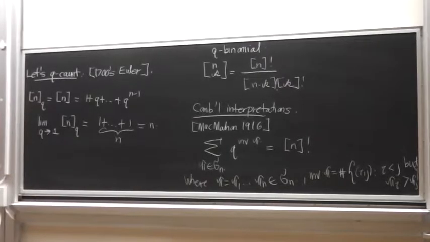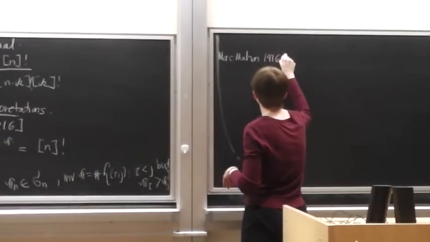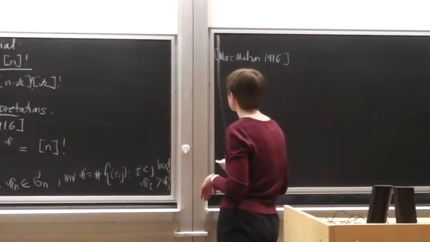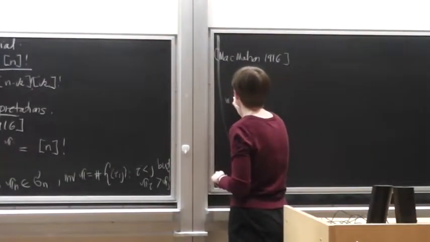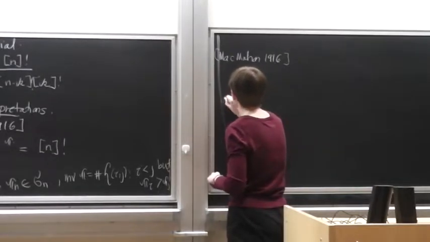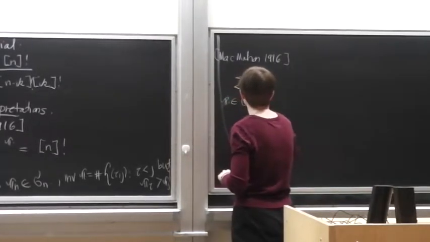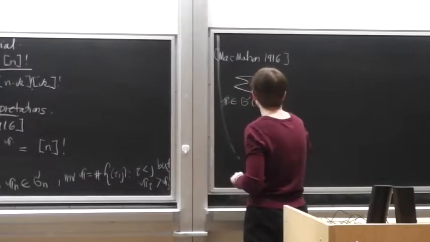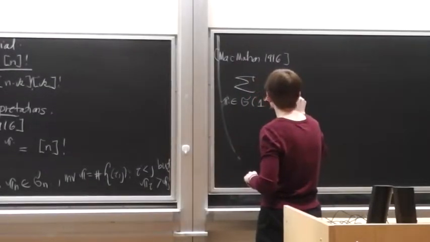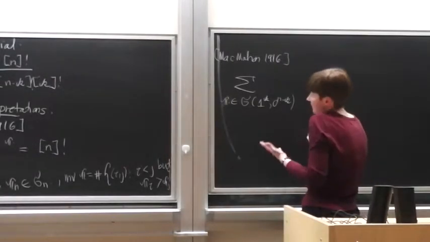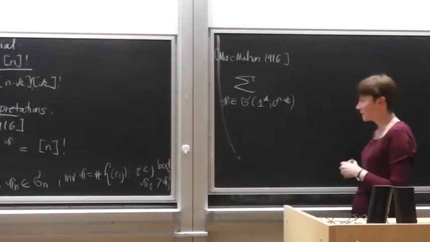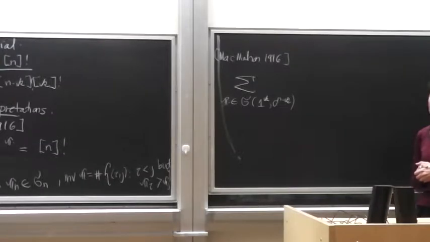Also appearing in McMahon's same series of papers: what if we look now at words? Let's look at the symmetric group acting on k copies of 1 and n minus k copies of 0. These are just strings of zeros and ones, of length n, consisting of k ones and n minus k zeros.